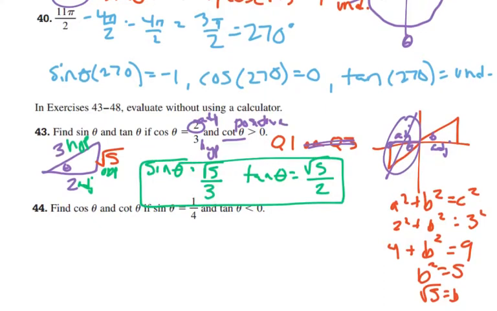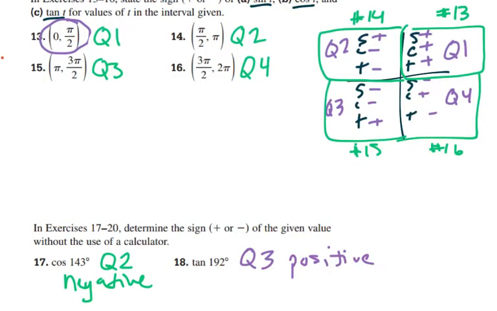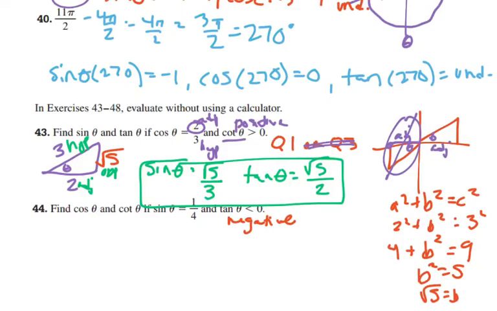Alright, next one is the same idea. They're saying that tangent needs to be negative. And so if tangent is negative, looking at our previous example, negative tangent is quadrant 4 and quadrant 2. And so that means that I need a triangle either here or here.